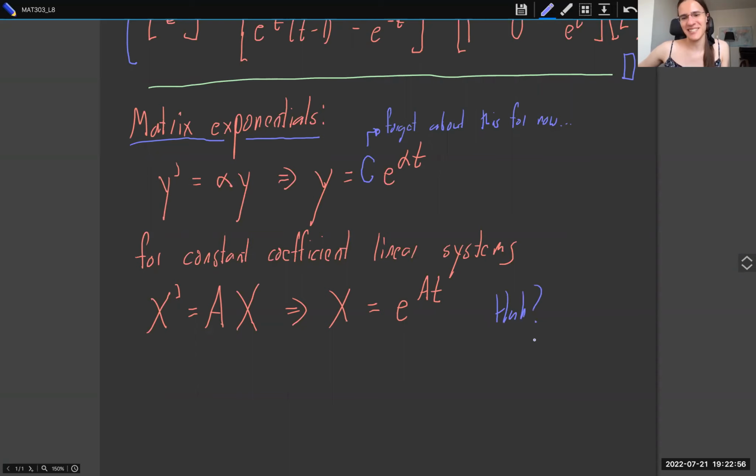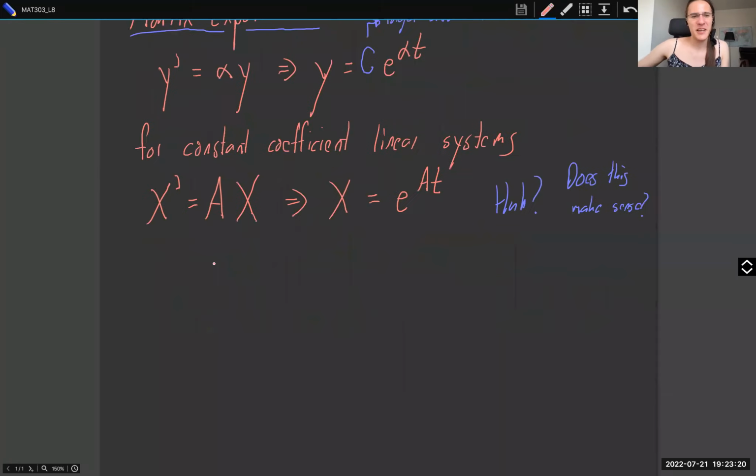Does this make sense? So if this makes sense, then I've just given you a method to solve differential equations by calculating this expression. So this should give the fundamental matrix, which gives you a linearly independent set of solutions. Okay, does this work?